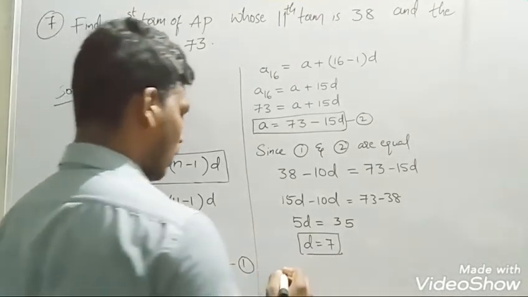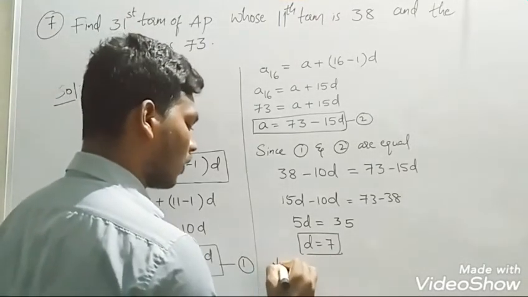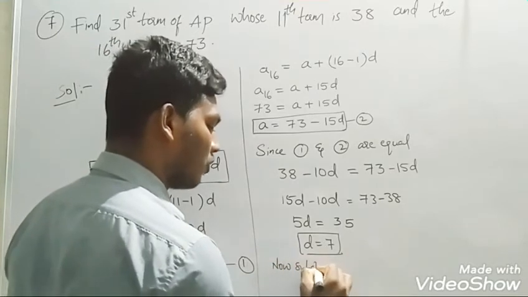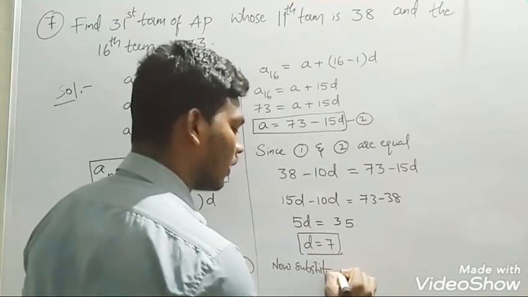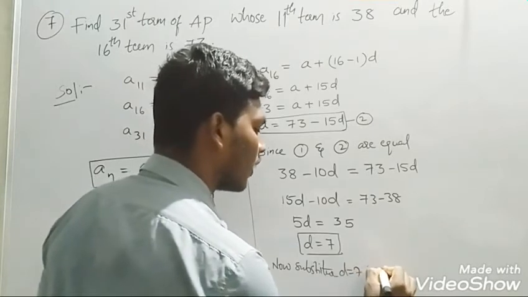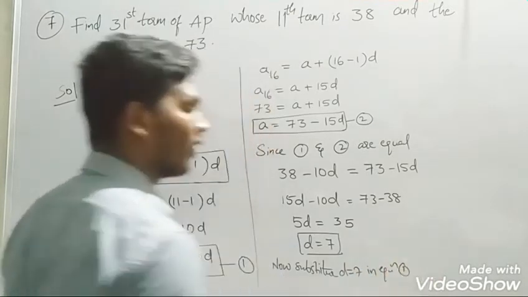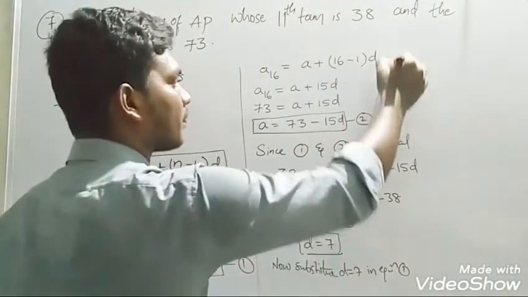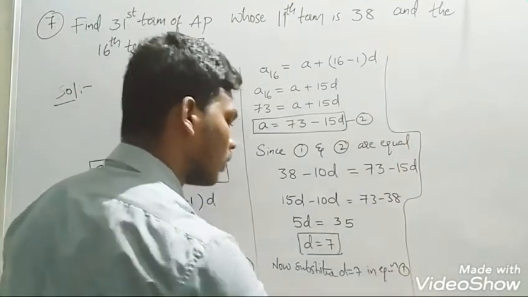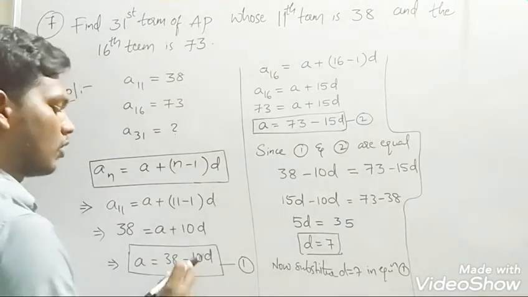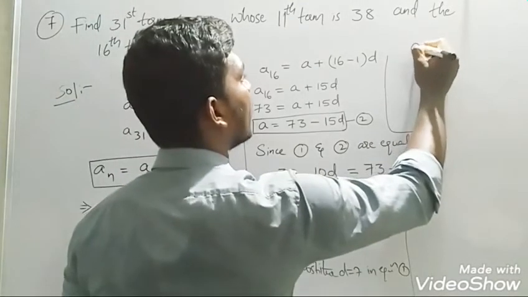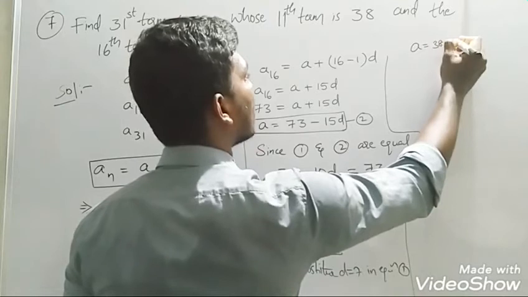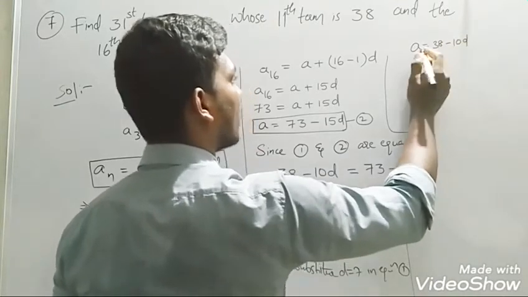Now substitute d is equal to 7 in equation 1. What is equation 1? a is equal to 38 minus 10d. What is the value of a?